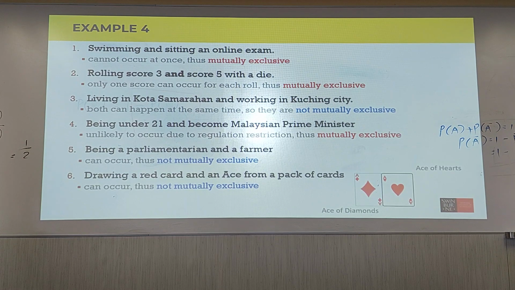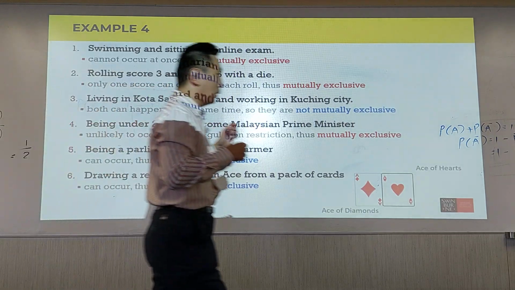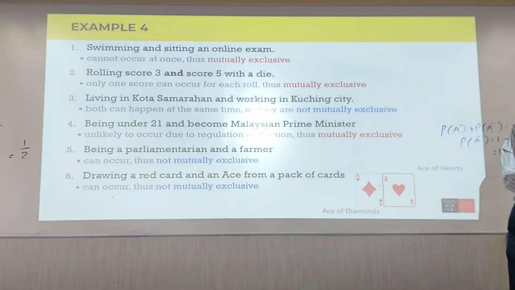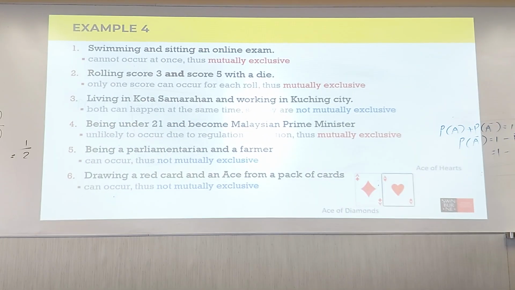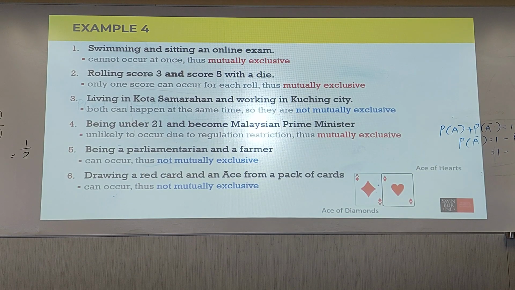Second question: rolling a score of 3 and rolling a 5 with a die at the same time. When you throw only one die, is it possible to get score 3 and 5 at the same time? Cannot, right?